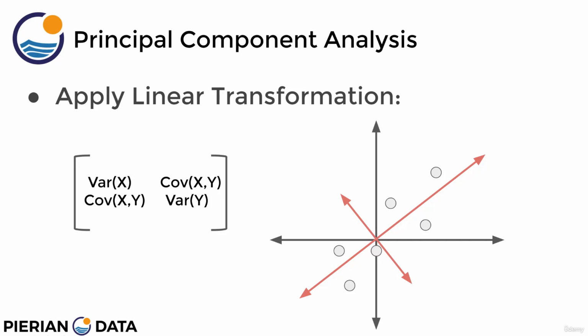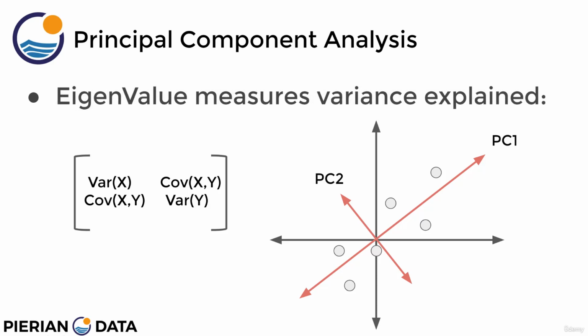And so what you're going to be able to do is use the eigenvalue to calculate the magnitude of these vectors, which would also correspond to the variance explained. So we have our principal components, which are those eigenvectors, and the eigenvalues would measure the variance explained by each of these principal components. So what we end up doing is we choose some subset of those new principal components, that is, the eigenvectors.